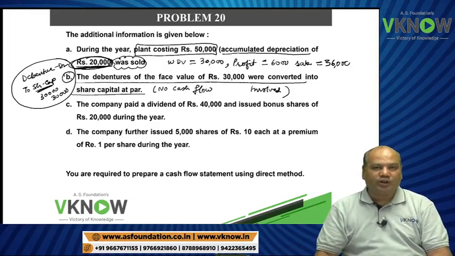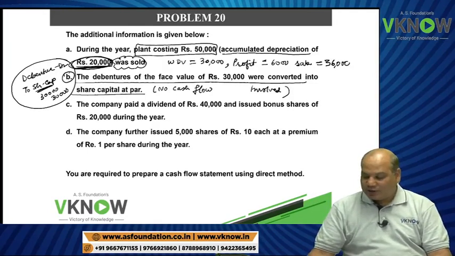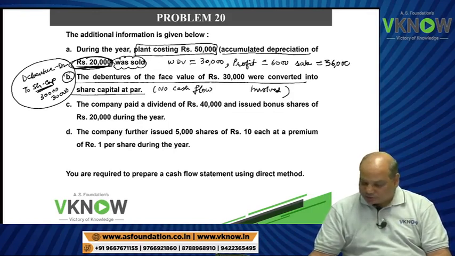Tick mark two items in the balance sheet: debenture and share capital. And also tick mark plant and machinery and accumulated depreciation.